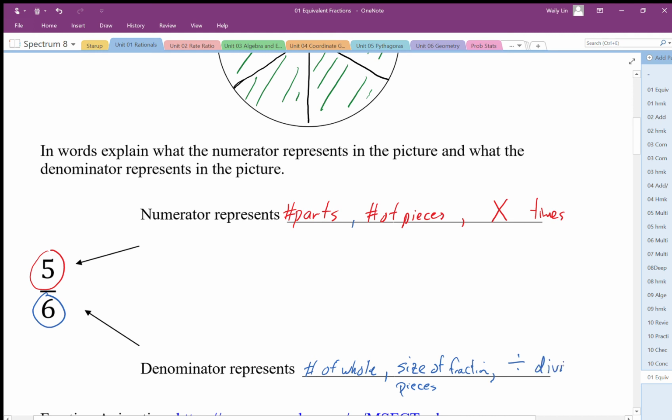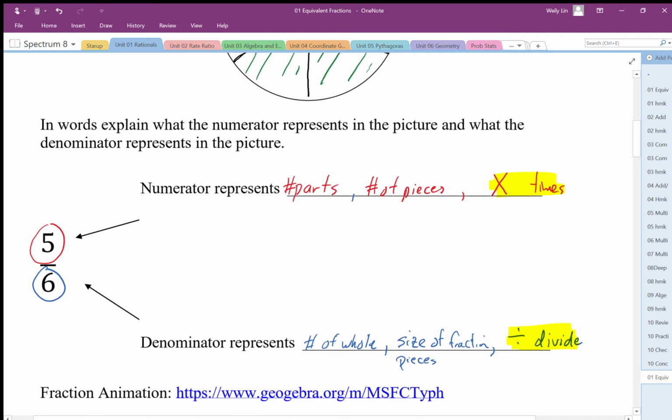So we say times on top, divide on bottom. This is a very, very useful way to describe fractions and how we can think of fractions as we do more math and more operations with fractions. We could take a look at some animations here to get a sense of what we're talking about when we talk about fractions.